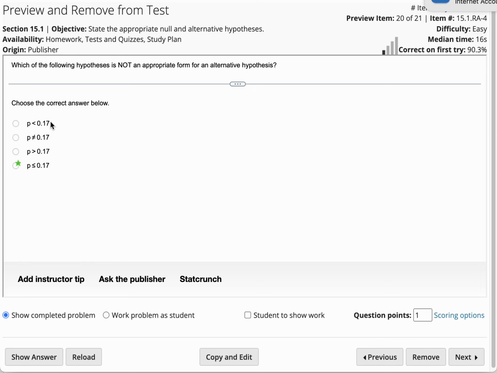It could be less than, it could be not equal to, could be greater than, but you can't have your cake and eat it too. This says less than or equal to. That's not acceptable. So the first three are, this one is not.